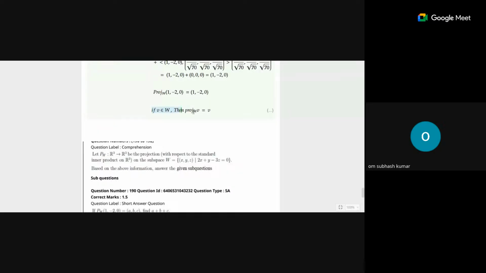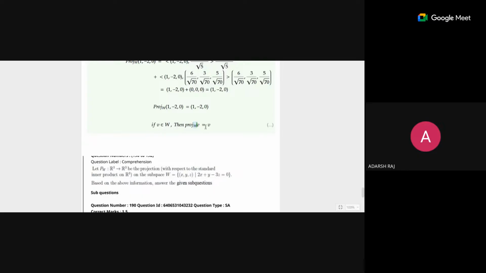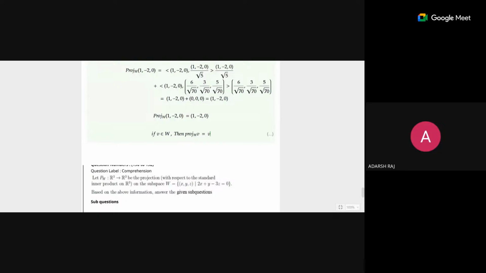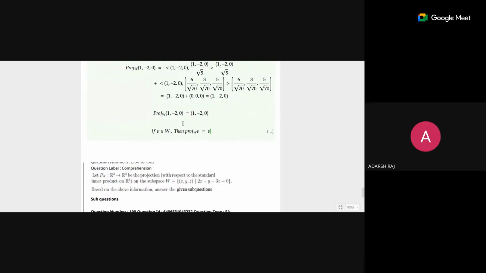Here, if V belongs to W, it means V is already lying on the subspace W. Then the projection of V onto W will itself be V. Just imagine this is in R3, a three-dimensional subspace, and the vector lies in R3.